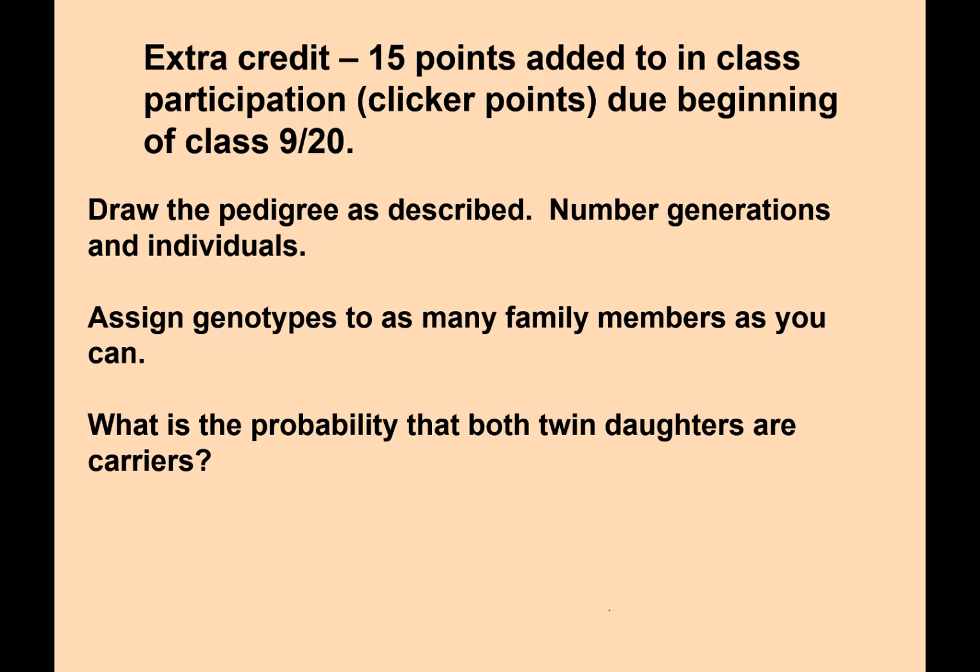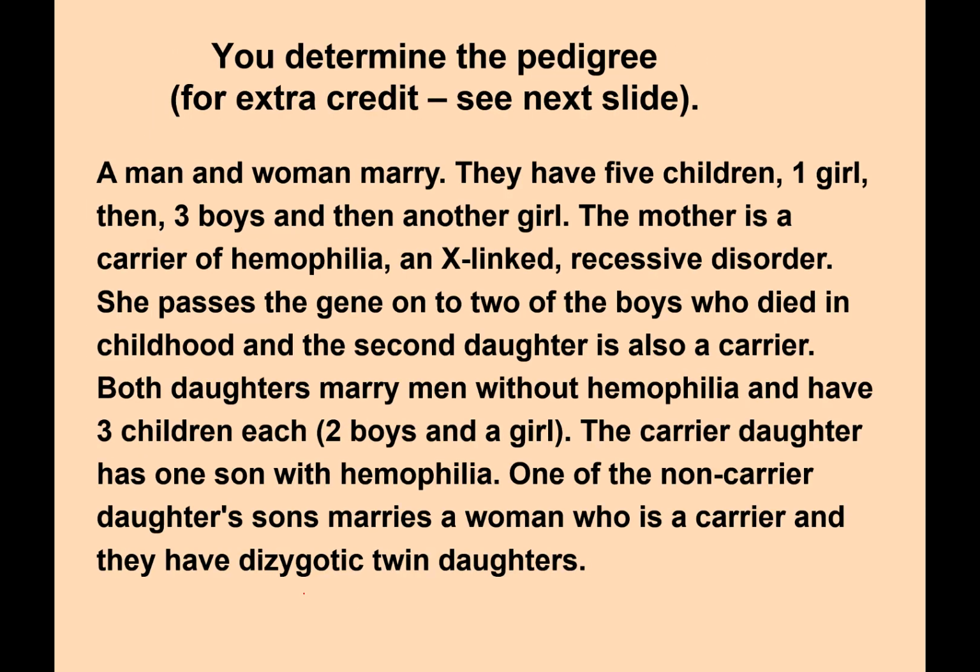Due at the beginning of class on Thursday, no exceptions. Write it neatly, does not have to be typed. I want you to draw the pedigree as described, number the generations and the individuals, assign genotypes, and then what is the probability that both twin daughters are carriers? And that comes out in this part. All right, have fun with pedigrees.